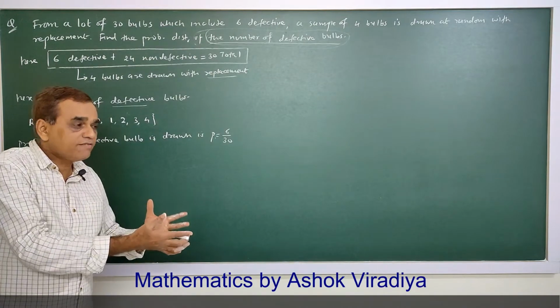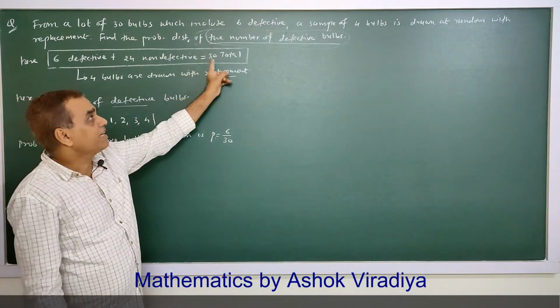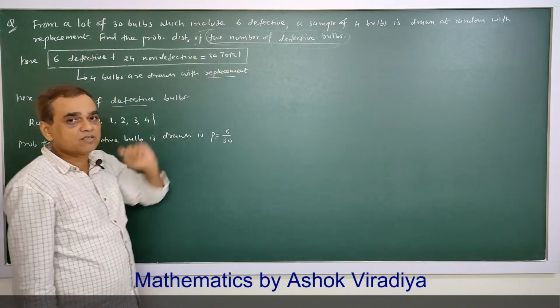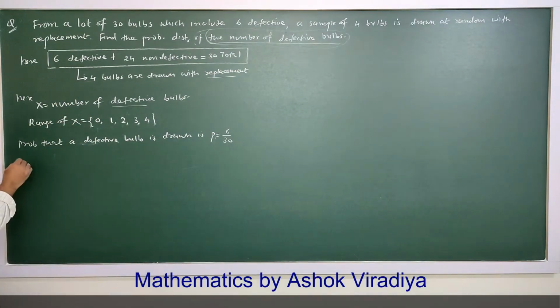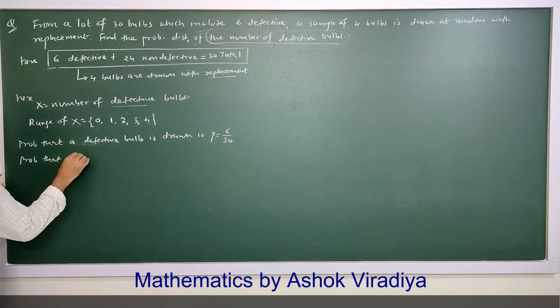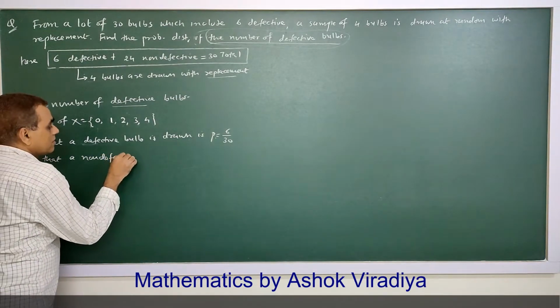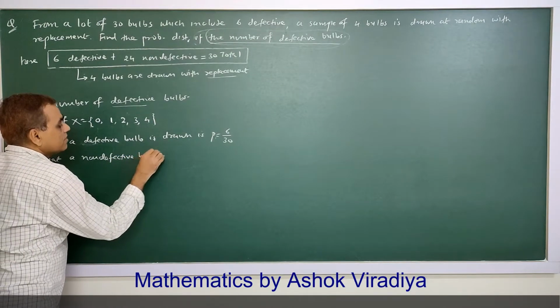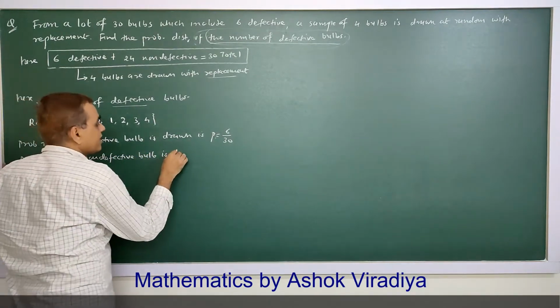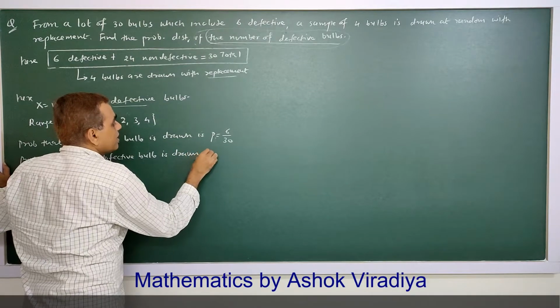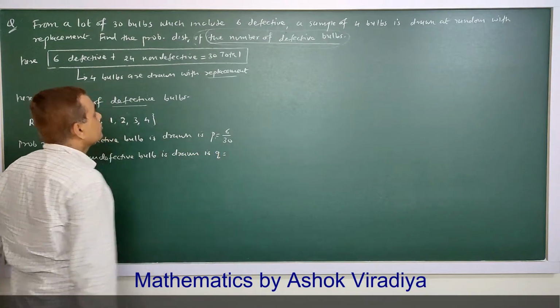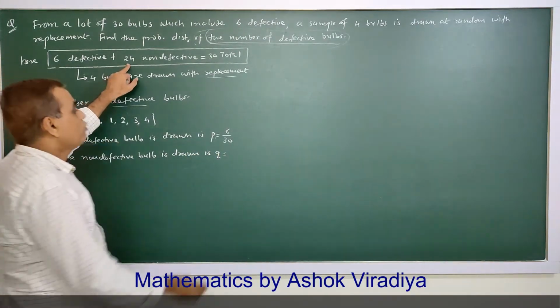So every time the box contains 30 bulbs. And similarly, the probability that a non-defective bulb is drawn, let me say it is Q. So Q is 24 by 30.